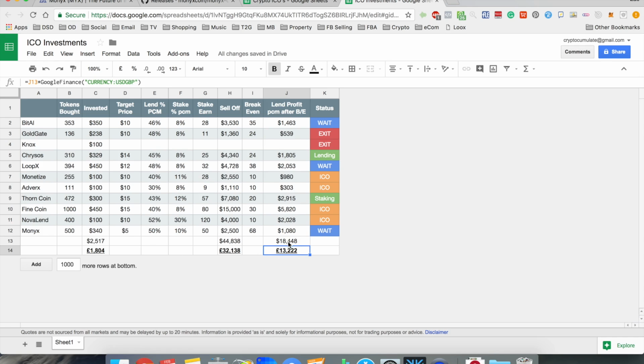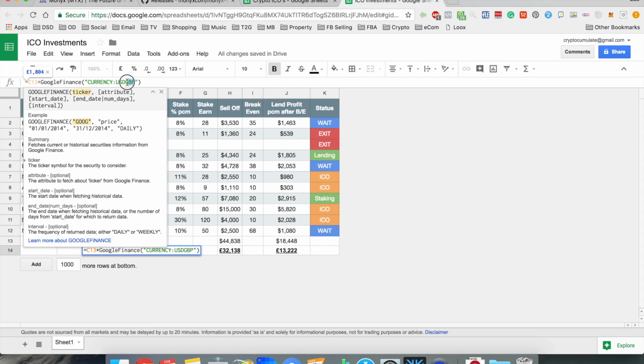And if you're in any other country, what you can do to change this to reflect your local currency is click on each of these three bottom cells here and come up to this bar up here, and basically you can change the last 3 letters here to the ticker of your currency.